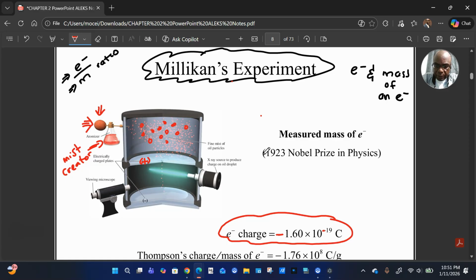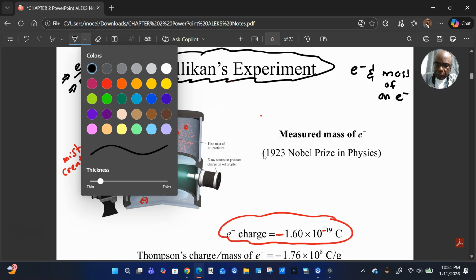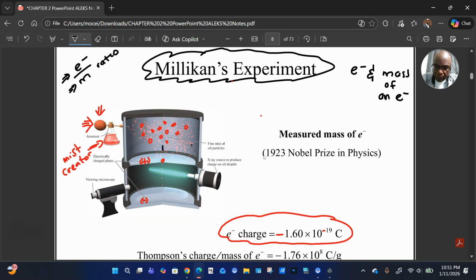This plate right here is electrically charged, positively charged, and this one is negatively charged. There's a pinhole in the top plate, what you would technically call the anode, that allows maybe just one oil drop at a time from the mist of oil to pass through.